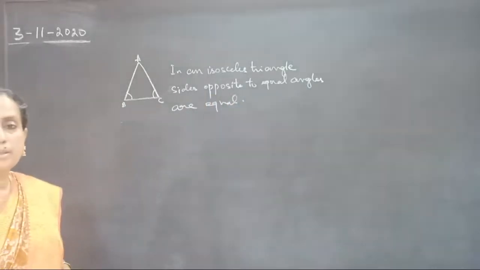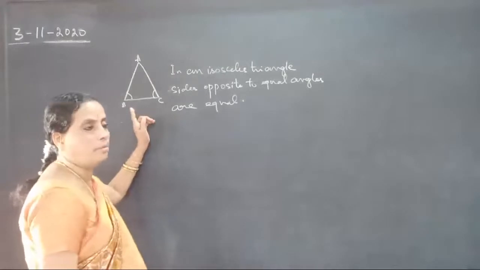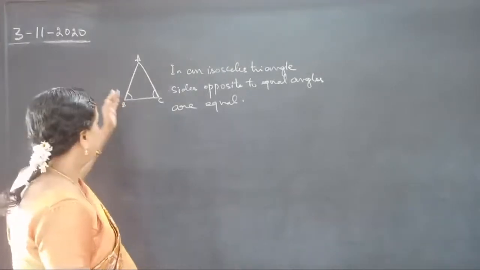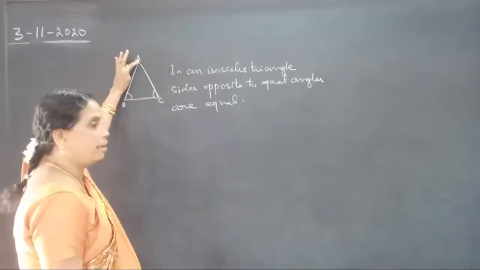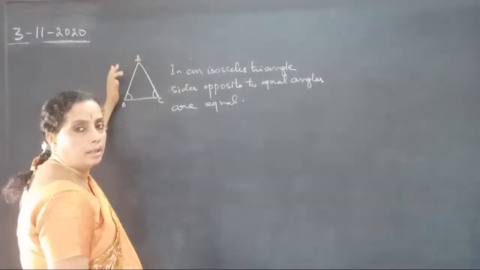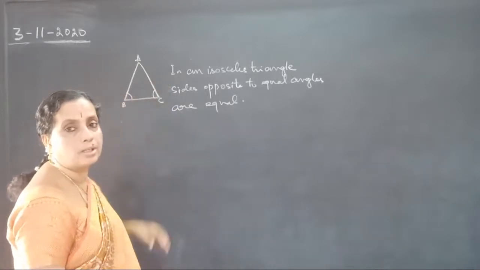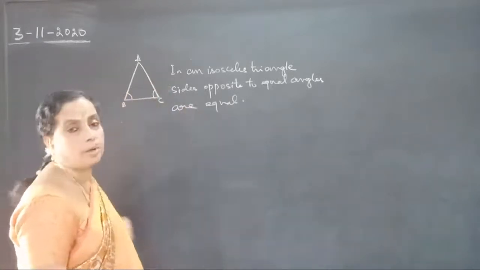To verify that, you have to construct the base angles, equal angles, using a compass, and when we join from the point of intersection, name it as A. If you measure the two sides, you will find those two sides are equal. That verifies the first property.